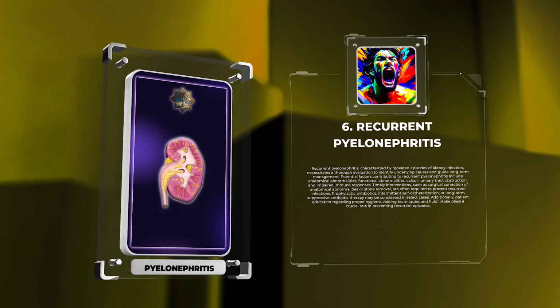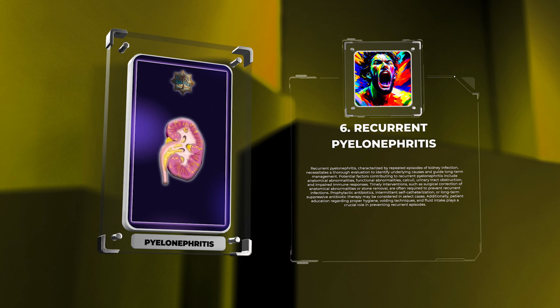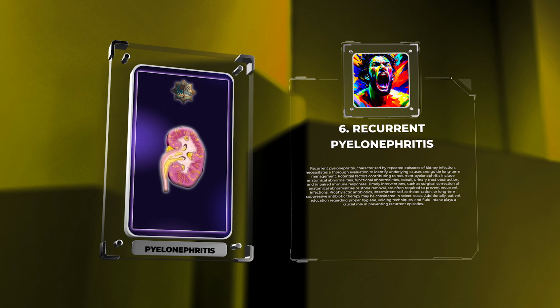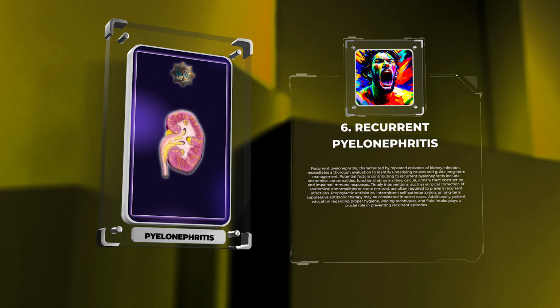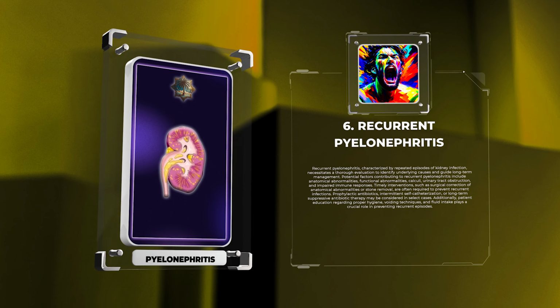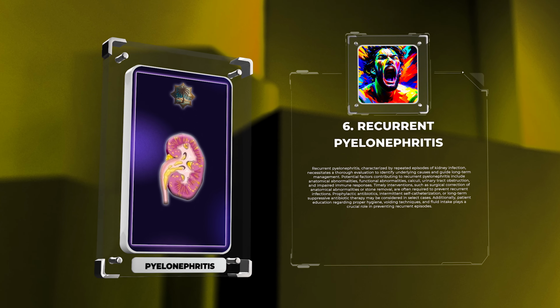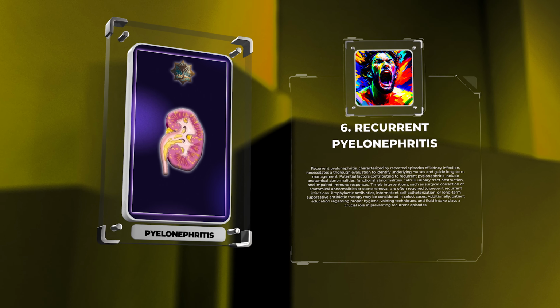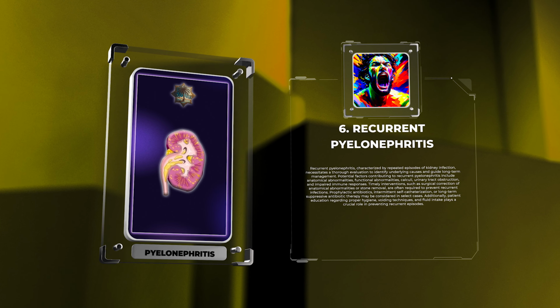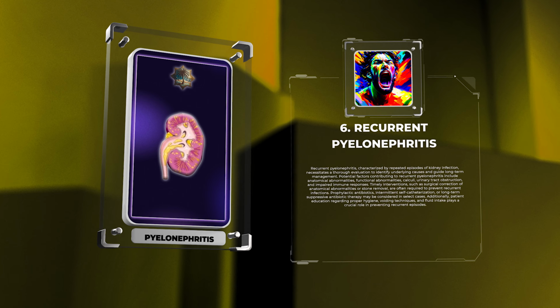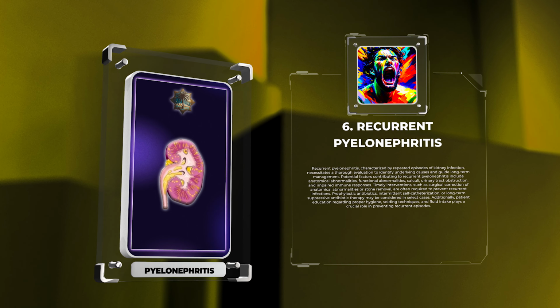Timely interventions, such as surgical correction of anatomical abnormalities or stone removal, are often required to prevent recurrent infections. Prophylactic antibiotics, intermittent self-catheterization, or long-term suppressive antibiotic therapy may be considered in select cases. Additionally, patient education regarding proper hygiene, voiding techniques, and fluid intake plays a crucial role in preventing recurrent episodes.